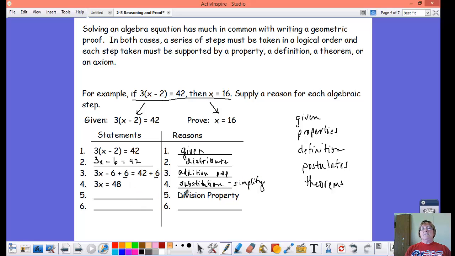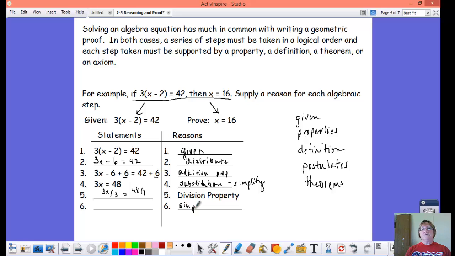The next step we've given the reason, so we've got a clue here. They applied the division property. So what would we be dividing by? Yeah, you got it. We need x by itself, so we're dividing by 3. 3x divided by 3 is the same as 48 divided by 3, and that's the division property. Then the last step is going to be another simplify or substitute.